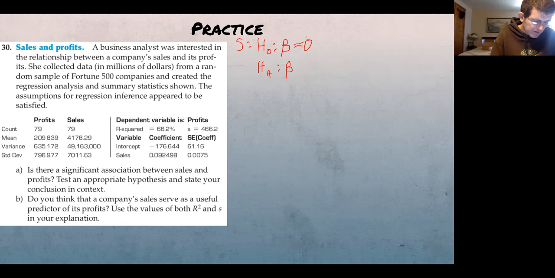We are comparing sales as the explanatory variable to profits. And would we predict that an increase in sales is a decrease or an increase in profit?